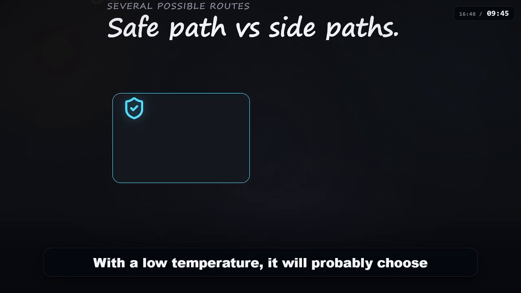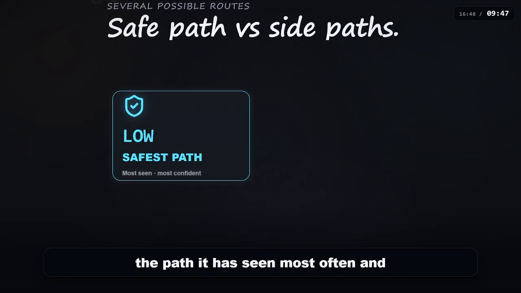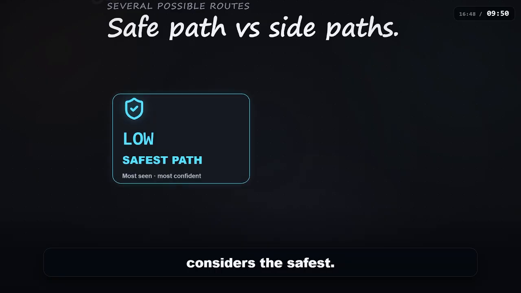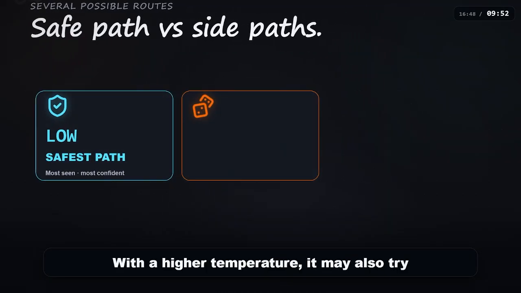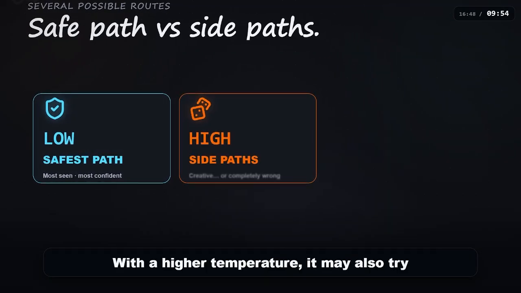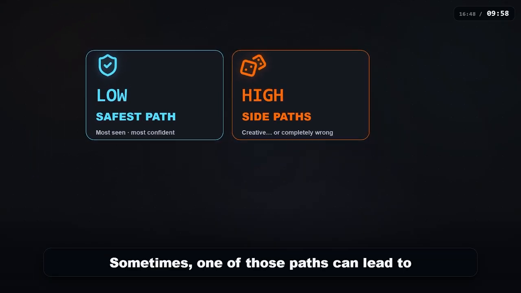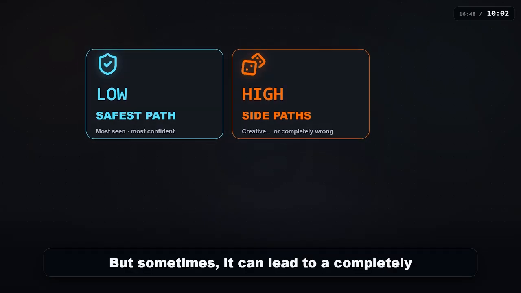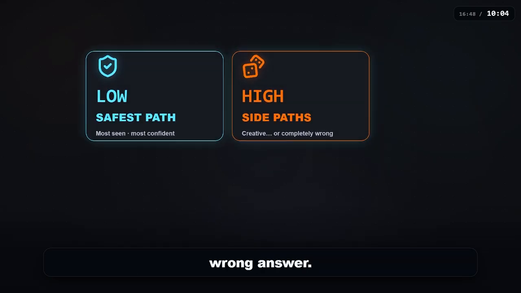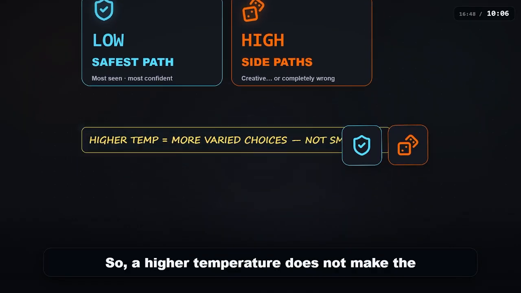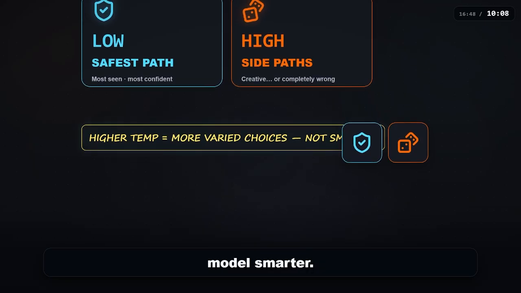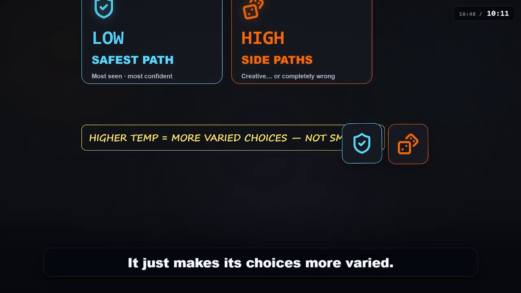With a low temperature, it will probably choose the path it has seen most often and considers the safest. With a higher temperature, it may also try some less likely paths. Sometimes one of those paths can lead to a really creative or interesting result, but sometimes it can lead to a completely wrong answer. So a higher temperature does not make the model smarter, it just makes its choices more varied.